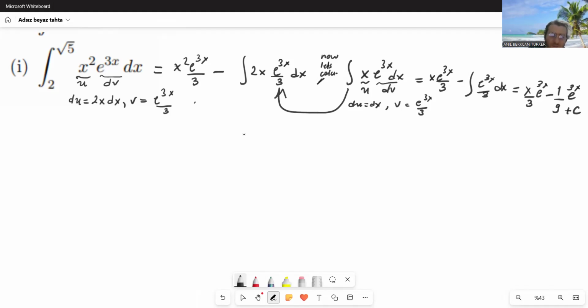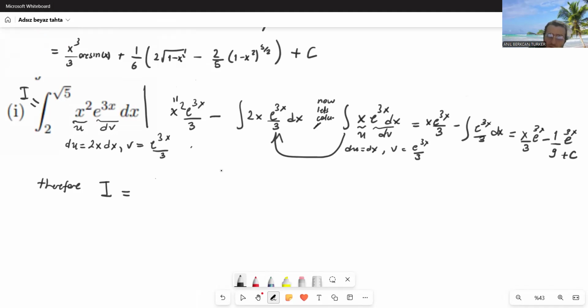So at the end, we just calculated indefinite integrals, so they are not equal to the definite one. So this is equal to, without boundaries, the integral of x squared e to the power 3x dx.